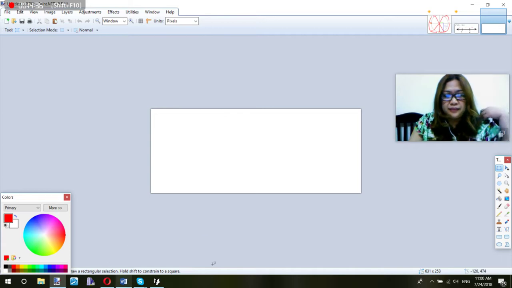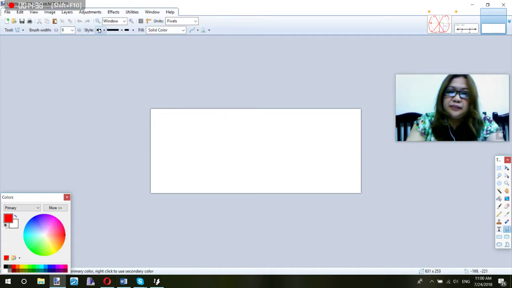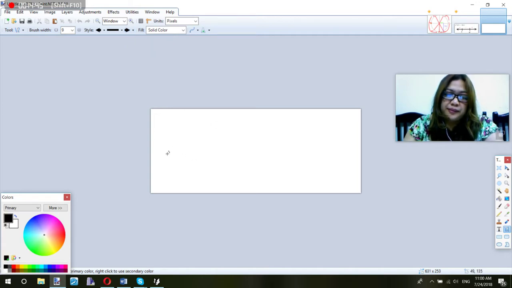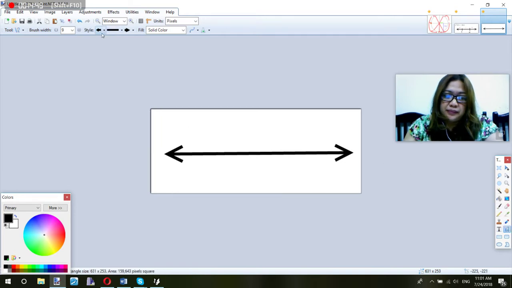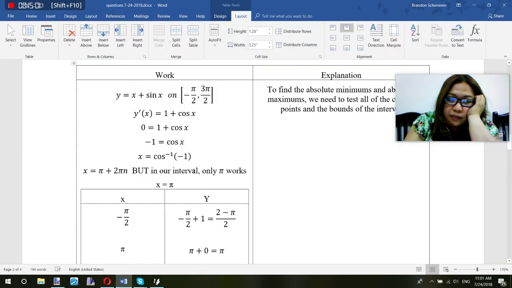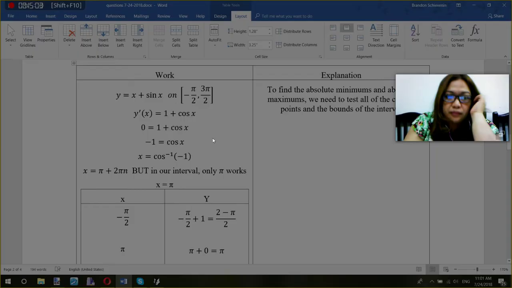So for my first derivative test, I am testing about the point pi, which was our critical point. Into my equation for the slope, which I'm going to copy back from here, the equation for the slope was 1 plus cosine x.